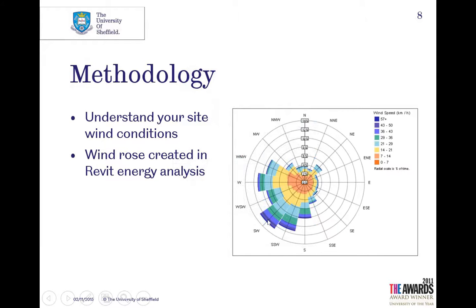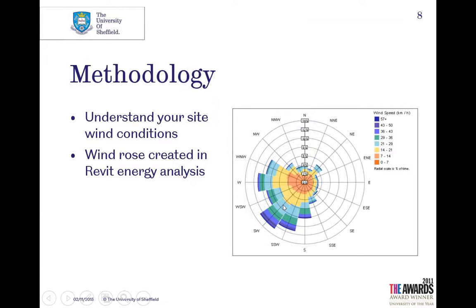So for example, if we look at this bar down here, we're getting wind speeds in that dark blue, 57 kilometers per hour, but it's a very narrow dark blue bar, indicating it's for a very, very small percentage. If you look at this light blue, which is the 21 to 29, this is kilometers per hour. The Climate Consultant one uses meters per second. So in that band, you're getting that for quite a much larger percentage of the year.